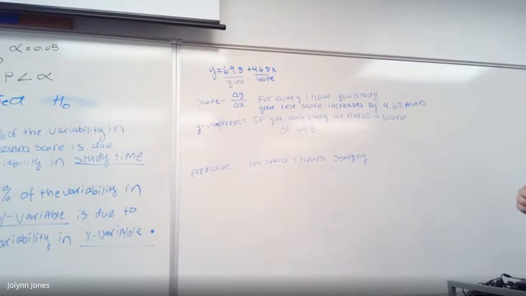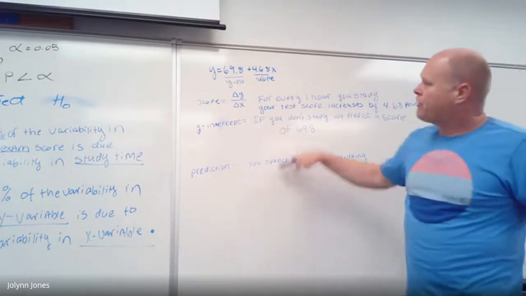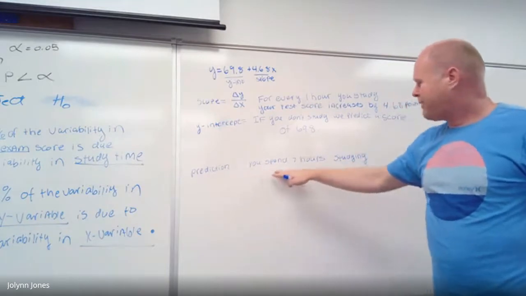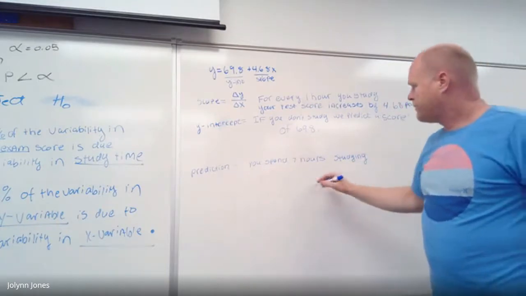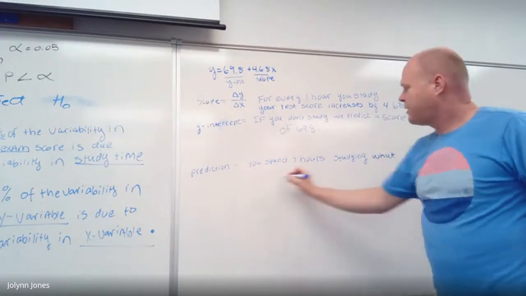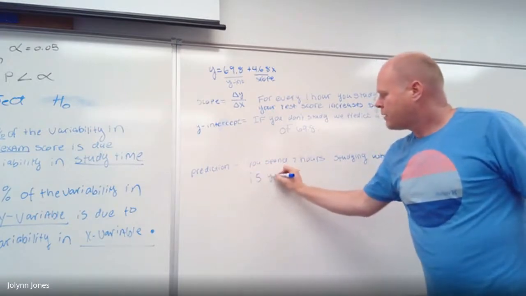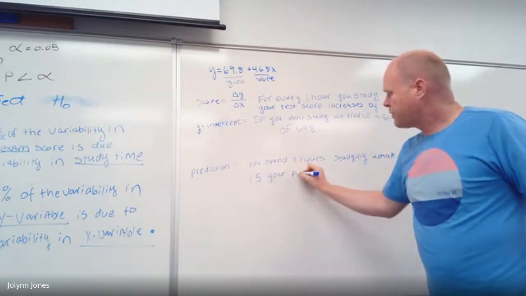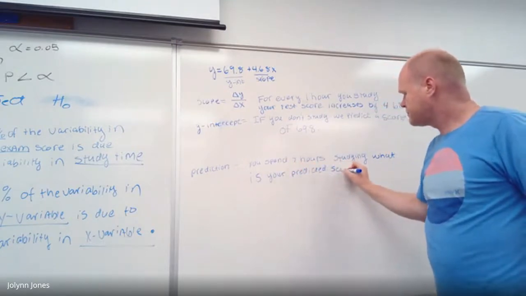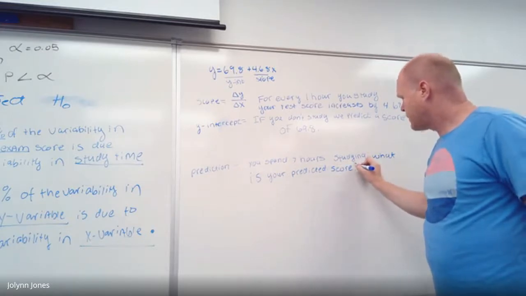Okay, and lastly, the whole purpose of making this regression line is to use it to make predictions. We want to predict, if you spent 7 hours studying, what would your score be? What is your predicted score? I guess that's a question.